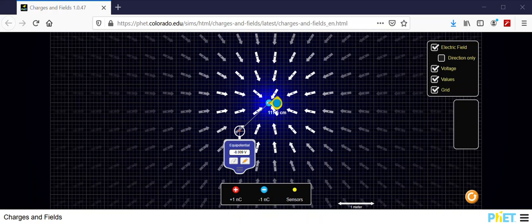Now we need to study the relationship between the electric field and the electric potential.